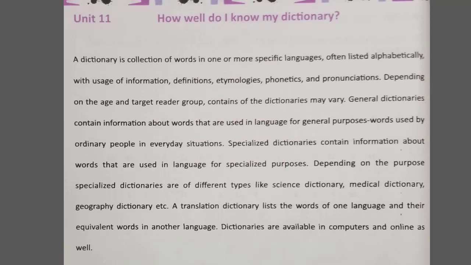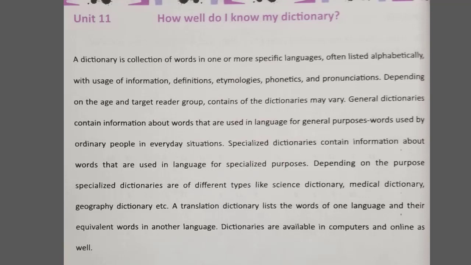So depending on the age and target reader group, contents of the dictionaries may vary. General dictionaries contain information about words that are used in language for general purposes. Words used by ordinary people in everyday situations. Specialized dictionaries contain information about words that are used in language for specialized purposes.